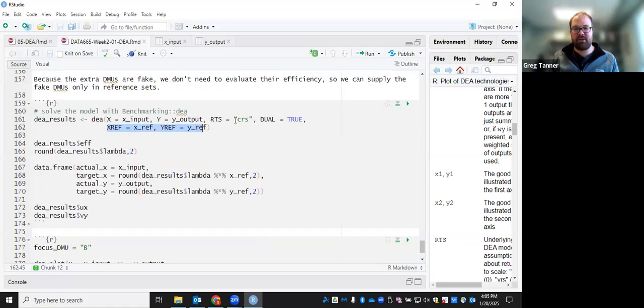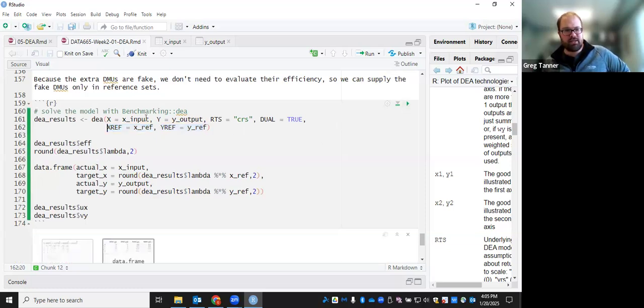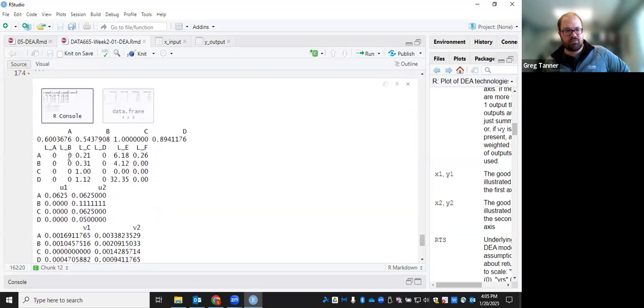Okay, and we're going to keep things under constant returns to scale. It gets a little bit messier if we try to do variable returns to scale, because then we'd want to change our conversion factor to be the right size, but we won't worry about that. So if we run this, now we see that C is efficient. D is actually no longer efficient.